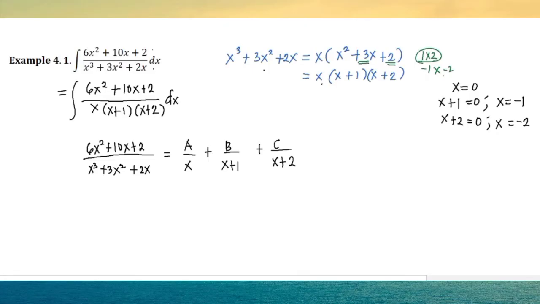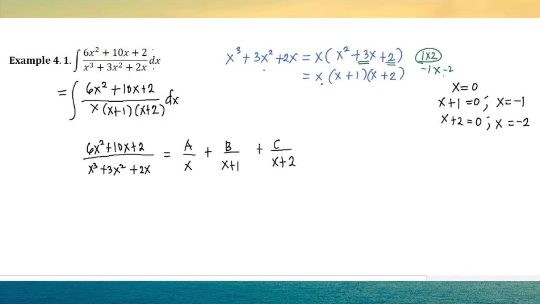So kung makikita natin dito, yung factors natin na x plus 1 and x plus 2 ay mga linear kasi this is in degree 1 at walang nauulit. So we have linear and distinct factor.